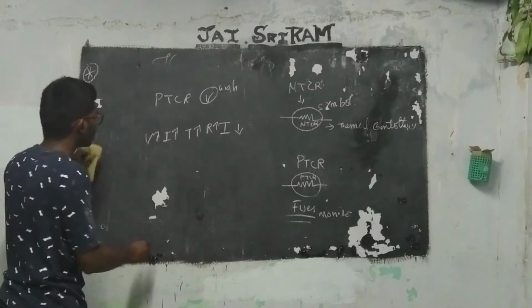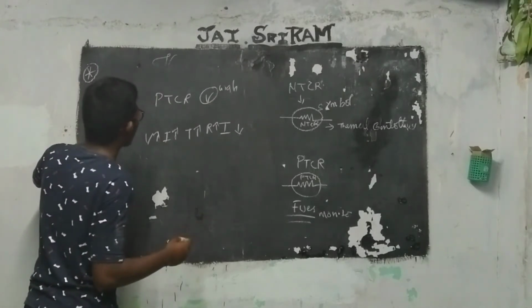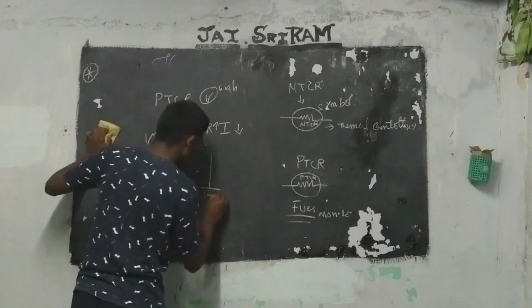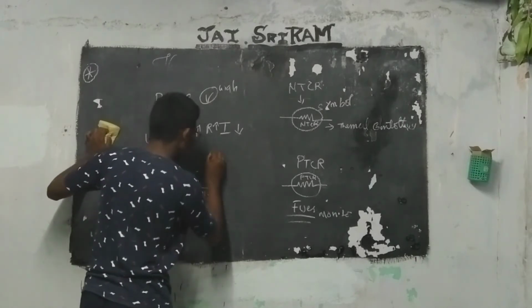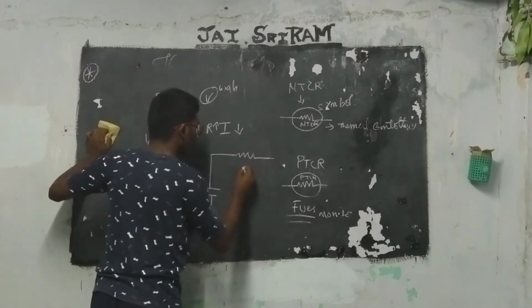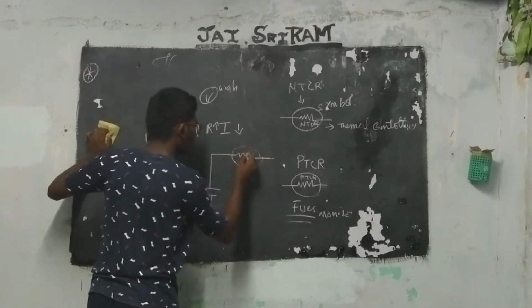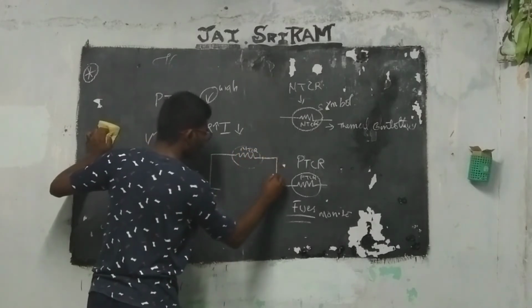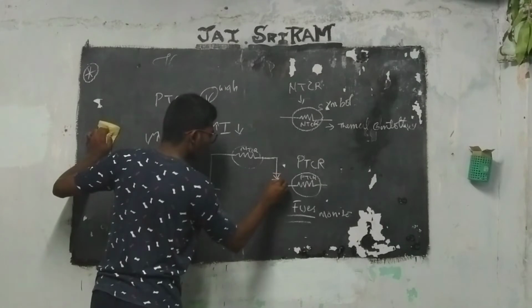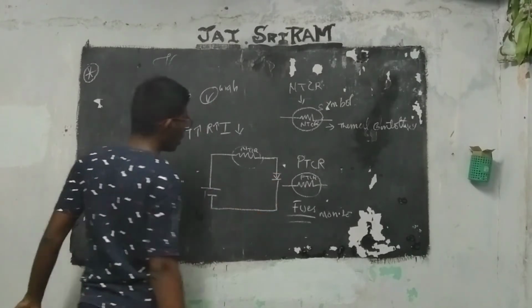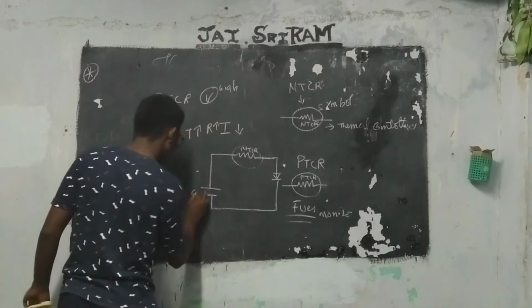Next, let's see an example of a circuit, positive and negative. The NTCR circuit is connected to a diode, directly connected to this. Here we have 6 volts.